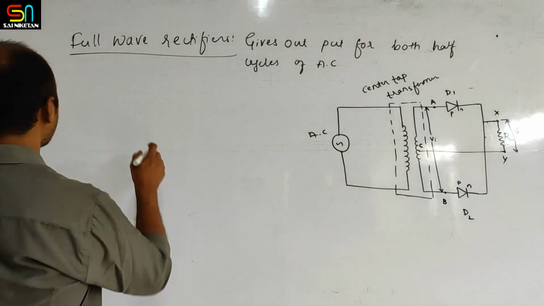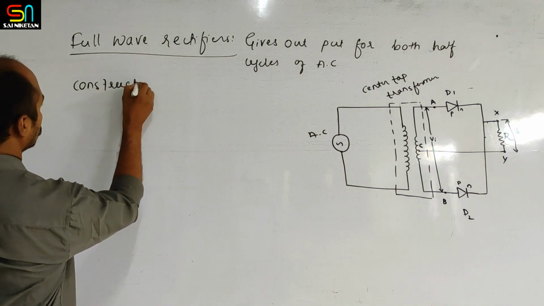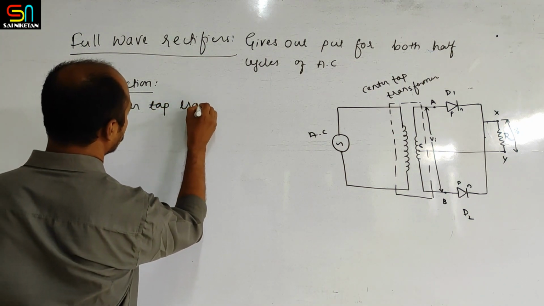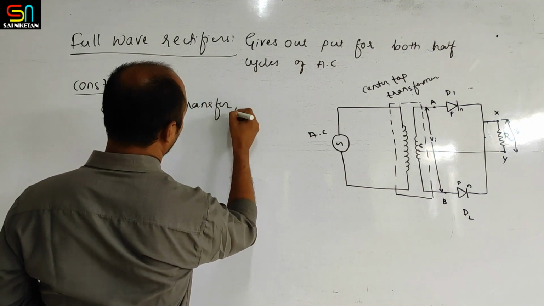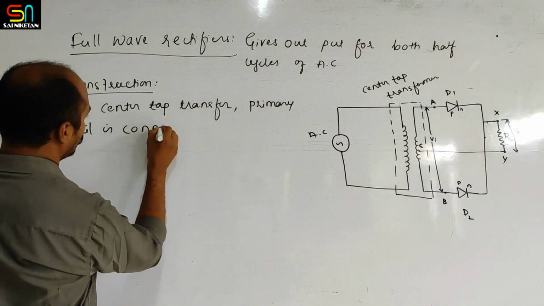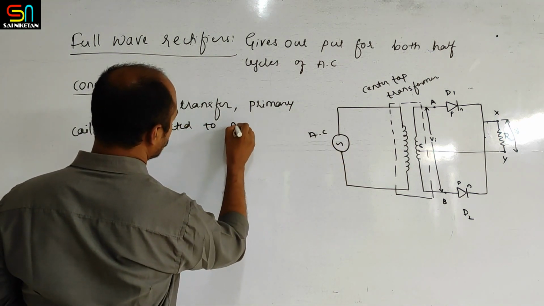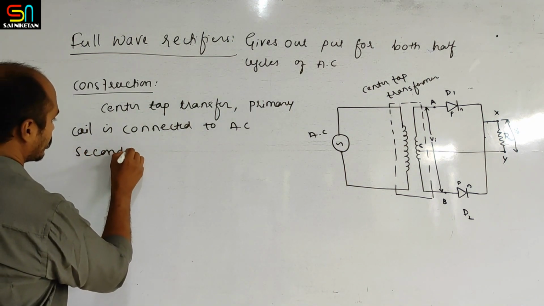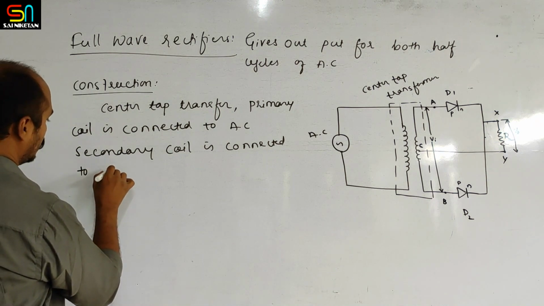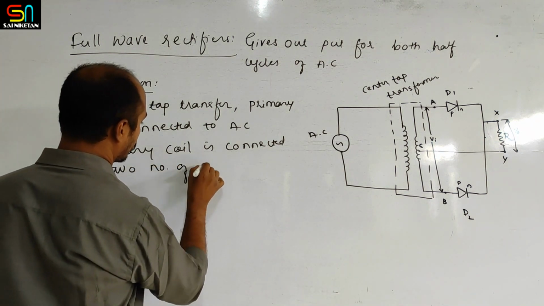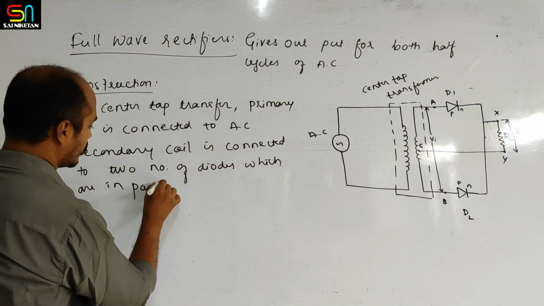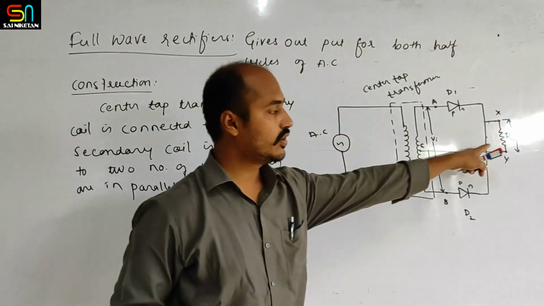So let us write the construction. It consists of the center tap transformer whose primary coil is connected to the AC source, and the secondary coil is connected to two diodes, two number of diodes, which are in parallel, and in between these two diodes the load resistance is connected.